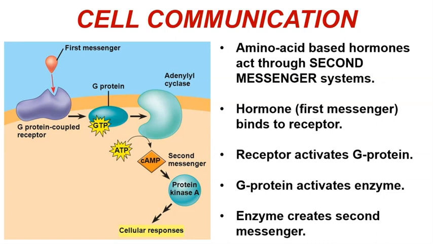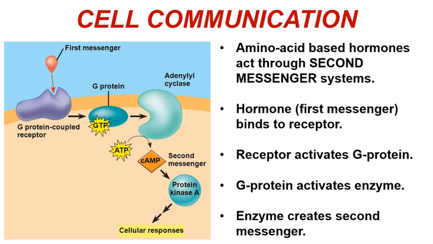The hormone in this example is what we call a first messenger, and the receptor and the sequence of events that is activated will create what's called a second messenger inside of the cell. The receptor is typically associated with a protein called a G protein. Once the hormone binds to the receptor, that G protein will become activated, and that activated G protein will then activate an enzyme.